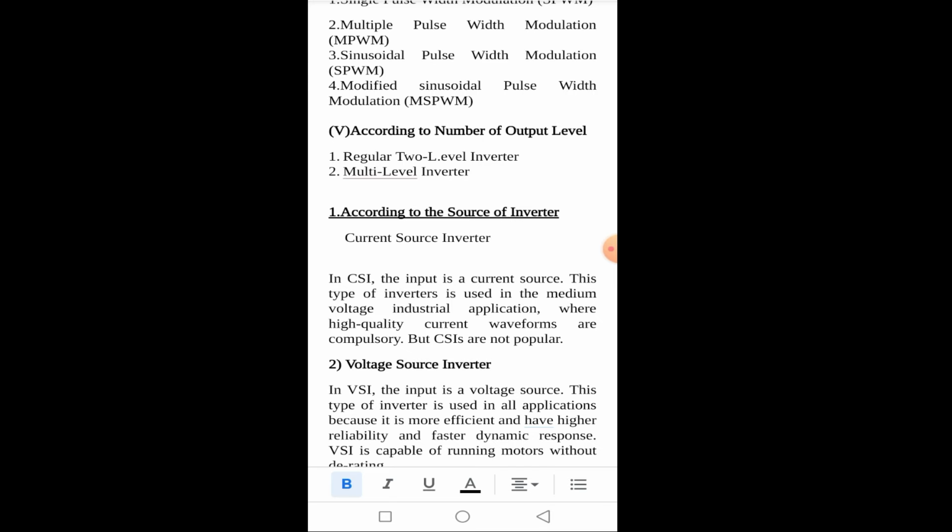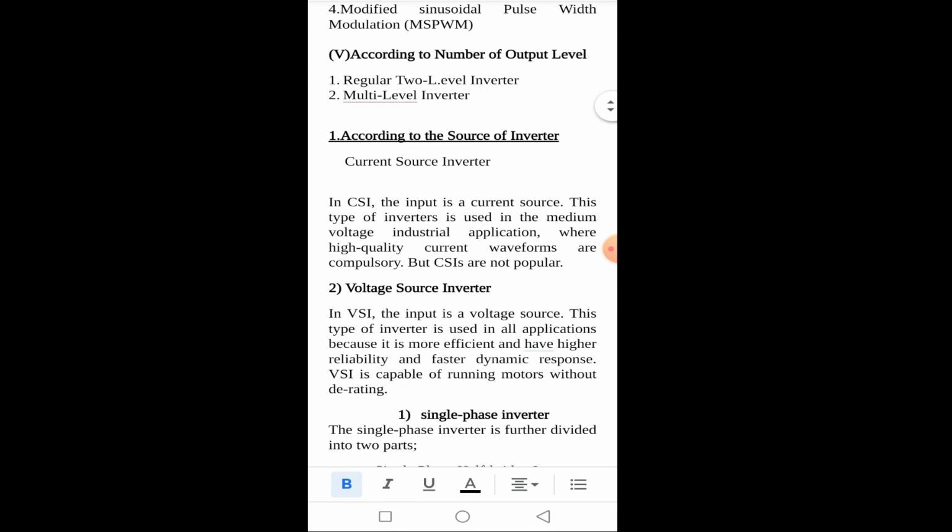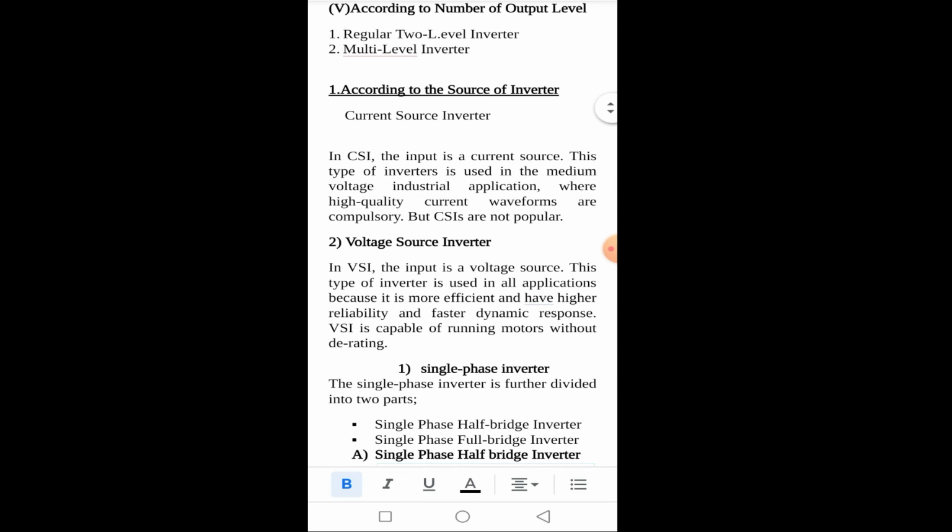According to source of inverter, it is classified as current source inverter and voltage source inverter. Current source inverter means the input current is constant, that is, source current is constant. This type of inverter is used in medium voltage industrial applications where high quality current waveforms are required.